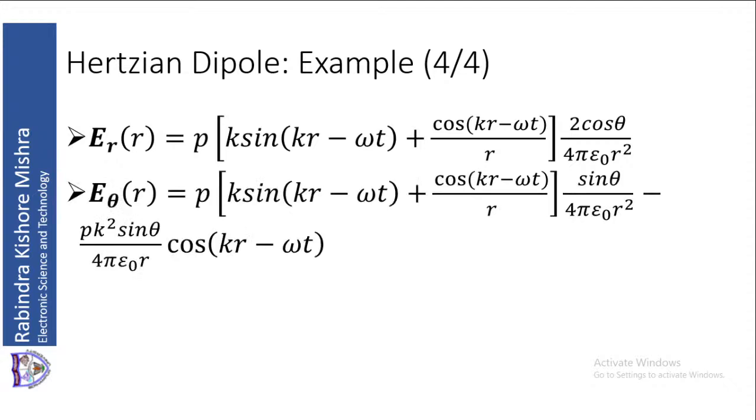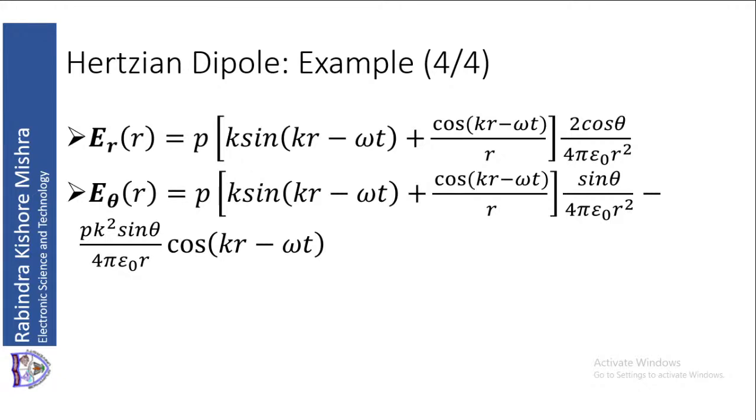Then we'll come to the theta component. E theta is P K sin(KR minus omega t) plus cos(KR minus omega t) by R, into sin theta by 4 pi epsilon 0 R square, minus P K square sin theta by 4 pi epsilon 0 R cosine of (KR minus omega t). Now look at the first term.